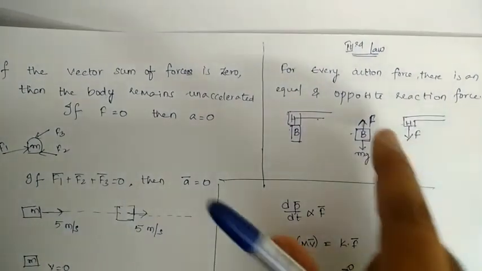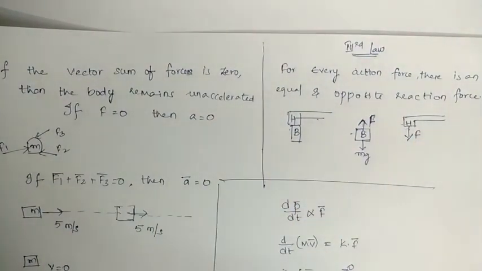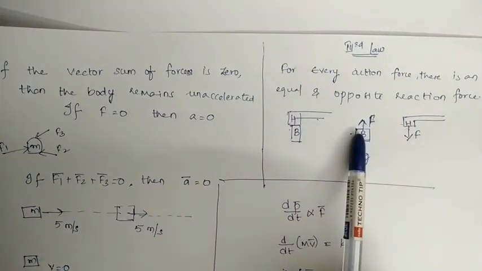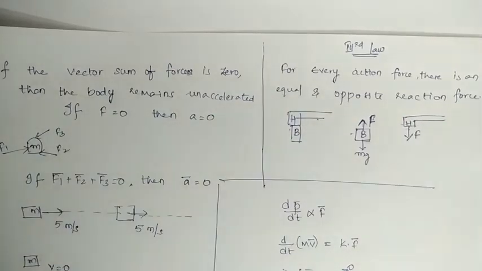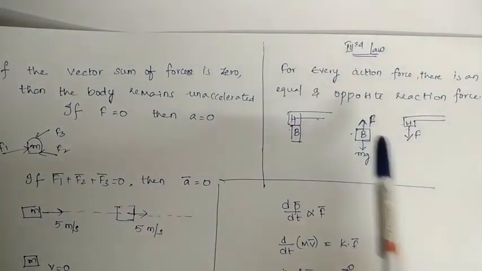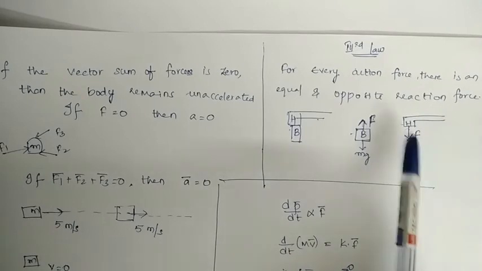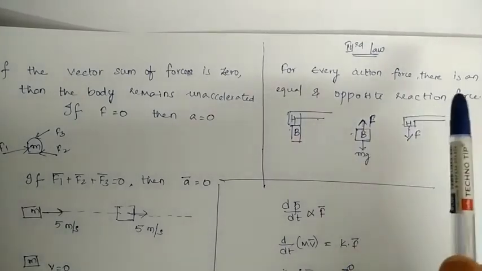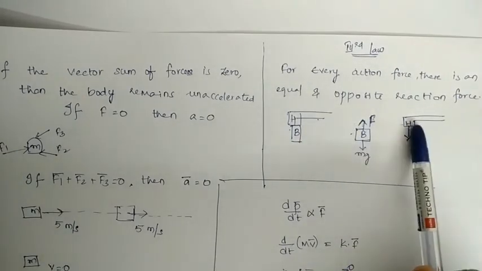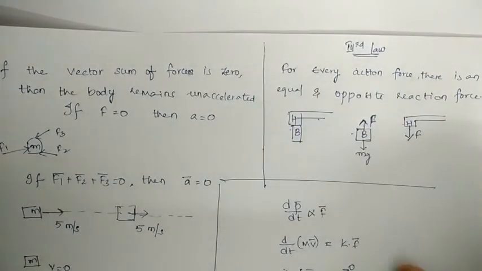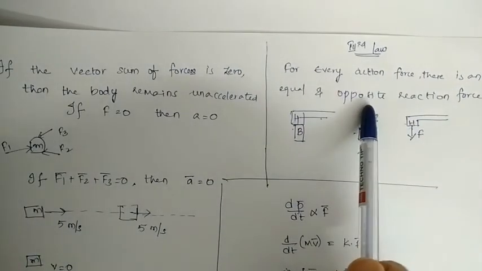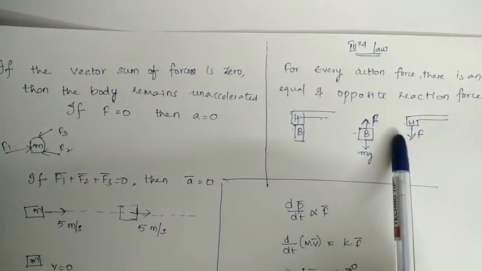In this case, one of the forces is acting on the book in one direction, and the other force of the same magnitude is acting on the hand in the other direction. One more important point about these action-reaction pairs is they have equal magnitudes and they act on different objects. They are always in opposite directions, and we have mentioned that they are opposite in direction in the definition itself.